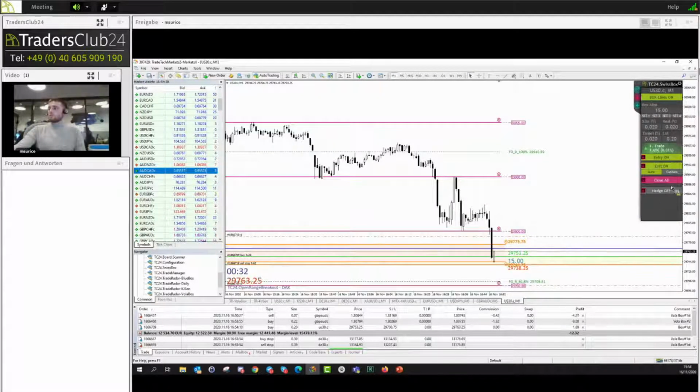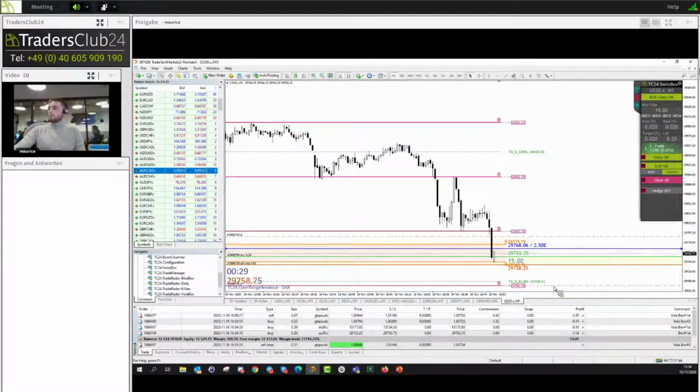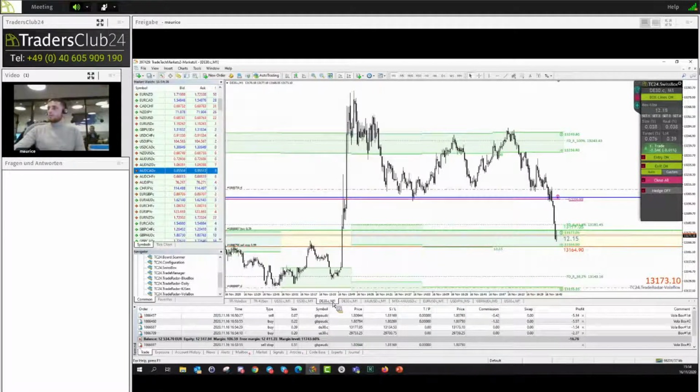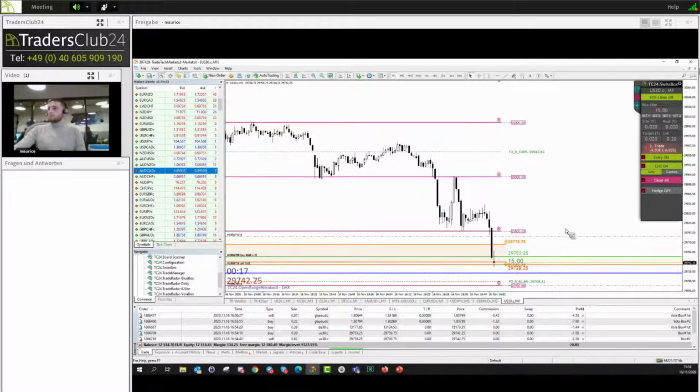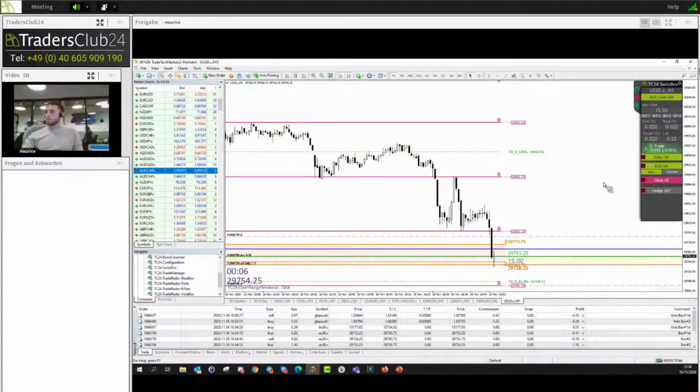Trigger our take profit. Also got one over here. So we currently triggered our second trade on our Dow Jones. Third trade.